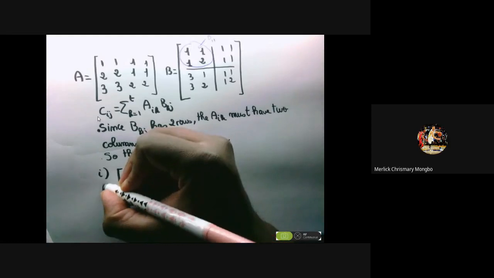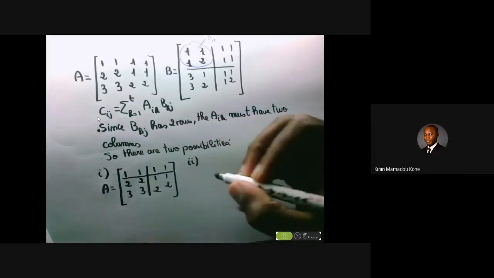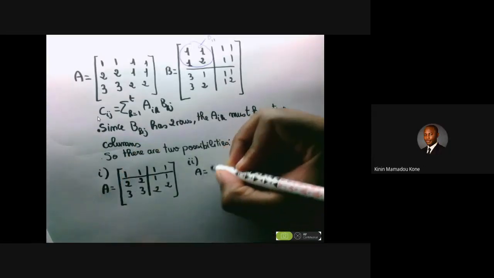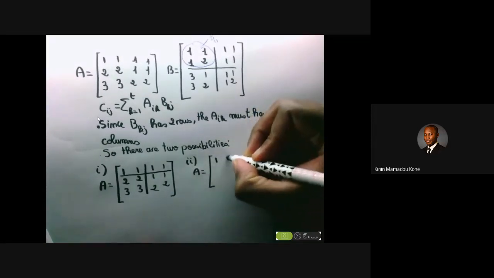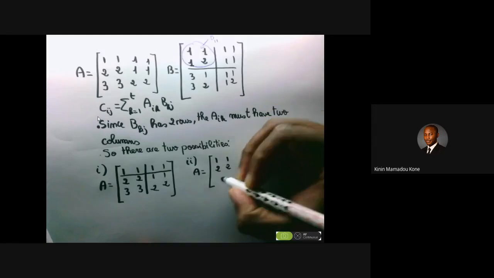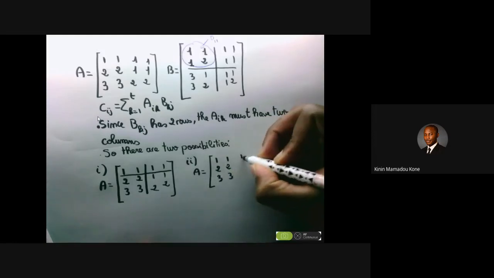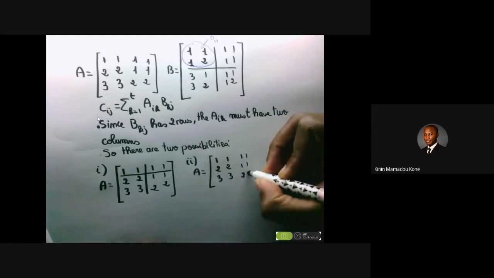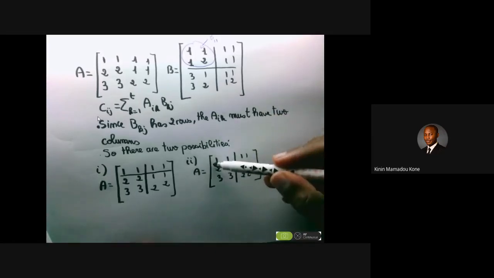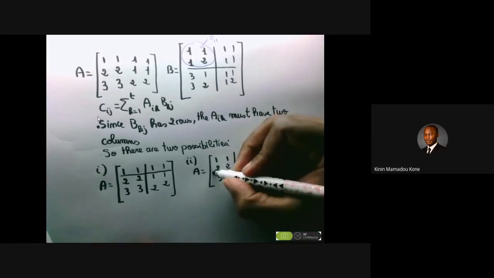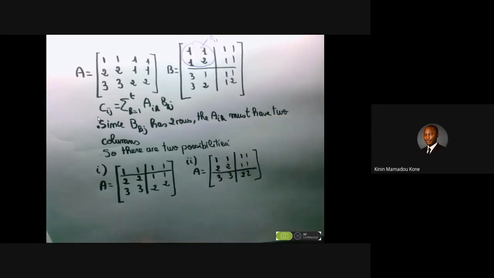So this is my A matrix. A is going to be equal to this second matrix over here: 1, 1, 2, 3, 3, 1, 1, 1, 1, 2, 2. The columns are separated, but instead of the block starting over here, I have a block over here.